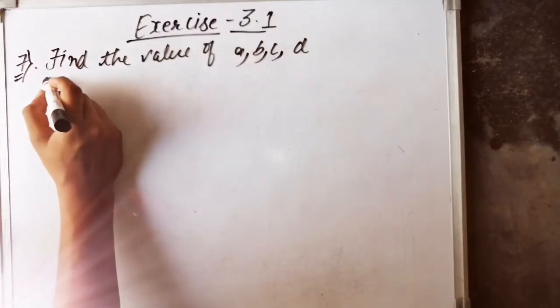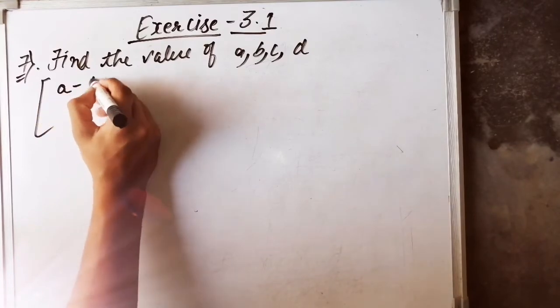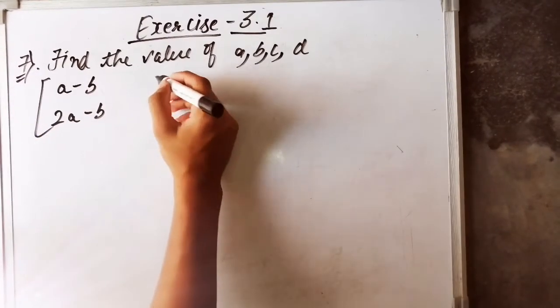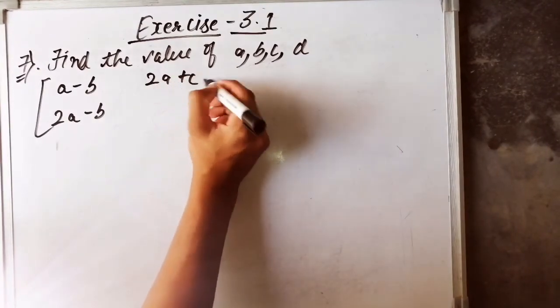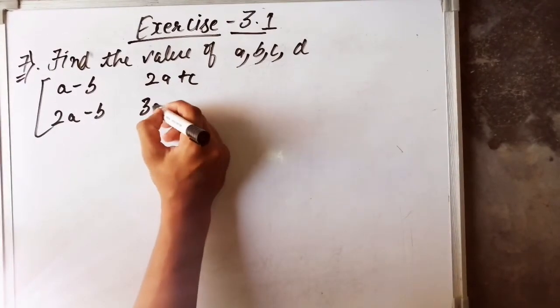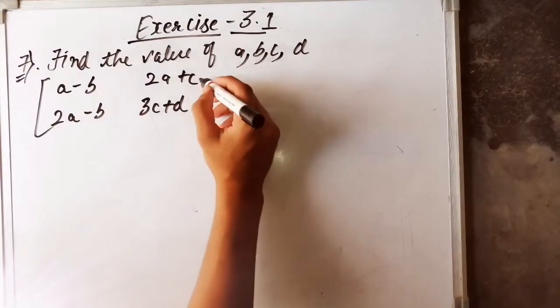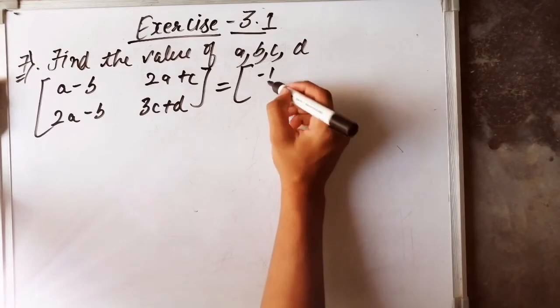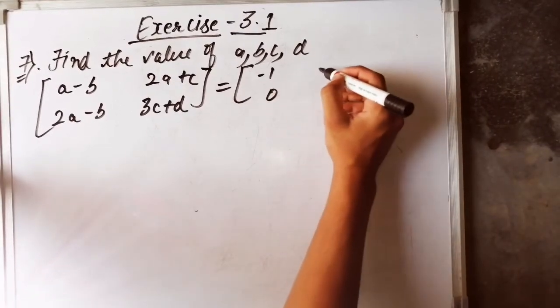The matrix given to us is [a minus b, 2a minus b; 2a plus c, 3c plus d]. This matrix equals [minus 1, 0; 5, 13].